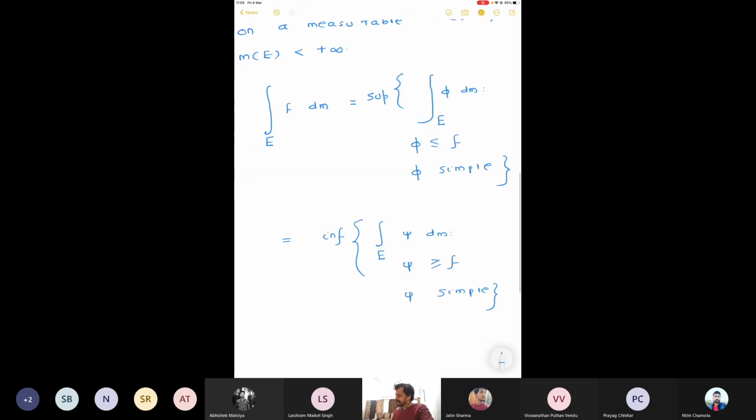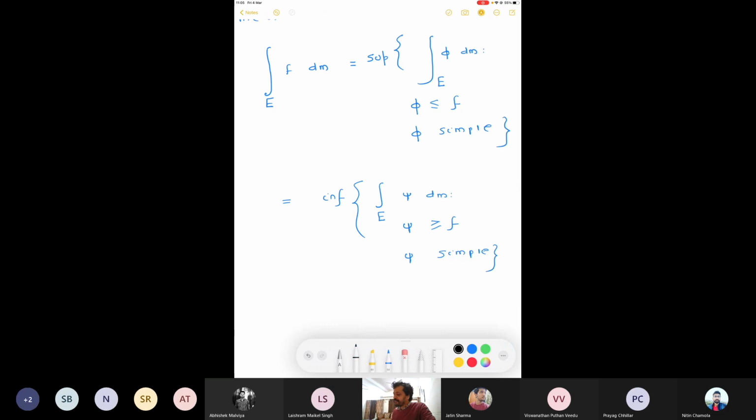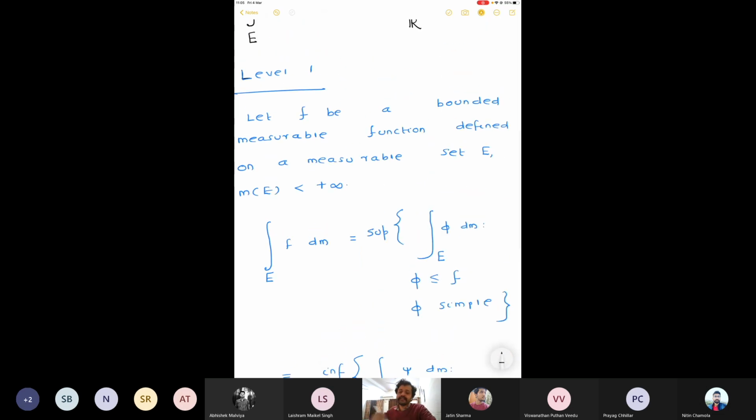But before that, if you recall, these definitions were motivated by Riemann integration theory. Riemann integration is defined for bounded functions. We just replaced step functions with simple functions.